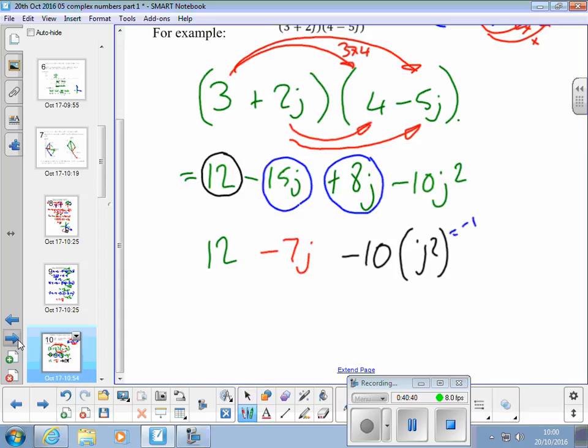So we can write this out as 12 minus 7j minus 10 times minus 1.